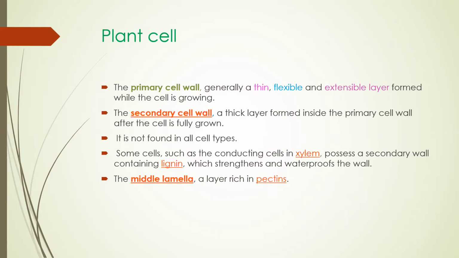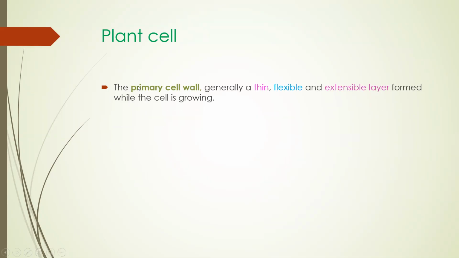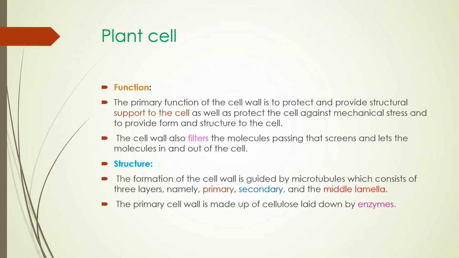Next one is the middle lamella, a layer rich in pectin. The primary cell wall is made up of cellulose laid down by enzymes.